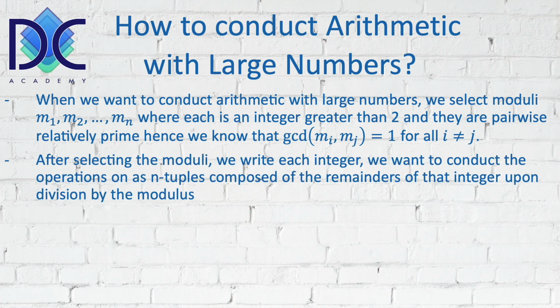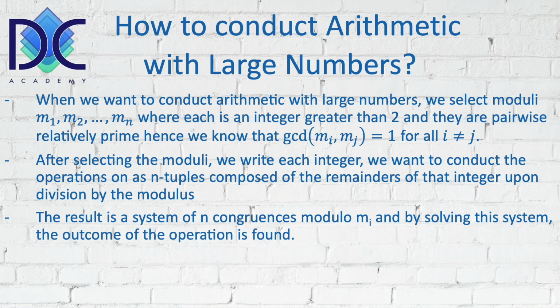After selecting the moduli, we can write each integer we want to conduct the operation on as an n-tuple, composed of the remainders of that integer upon division by the moduli. So we're going to create that n-tuple.